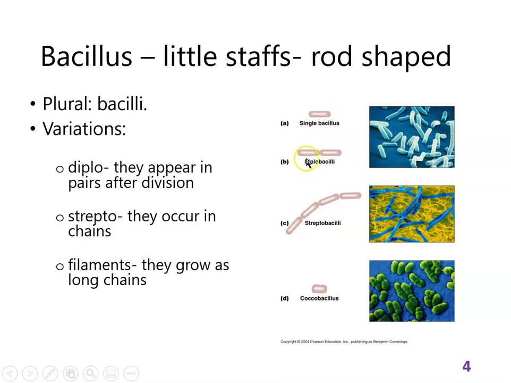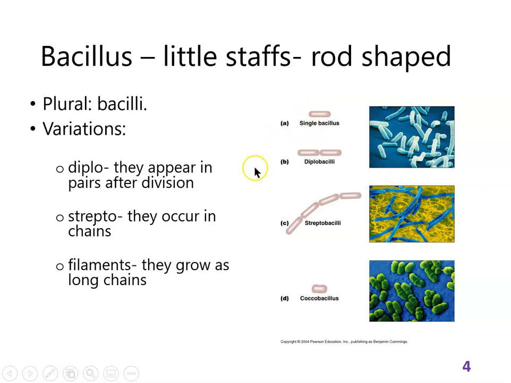Like some of them will stick together with the other daughter cell and become diplobacilli. Others will divide in chains. But we think about the individual cells. I've never heard anybody say streptobacilli or diplobacilli except in a textbook. Those words have more to do with the cocci, realistically.